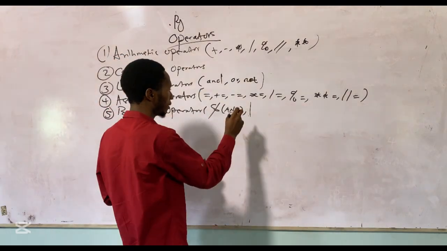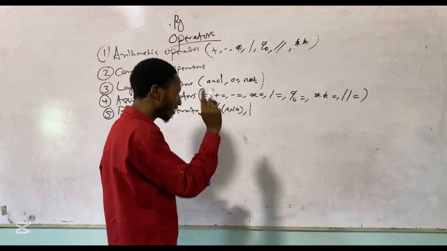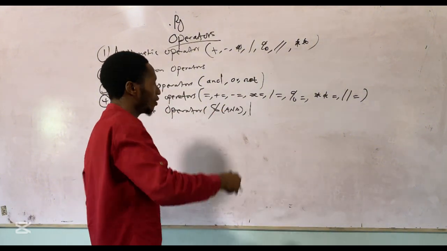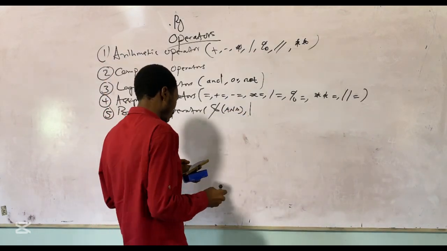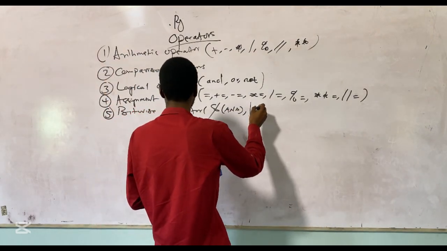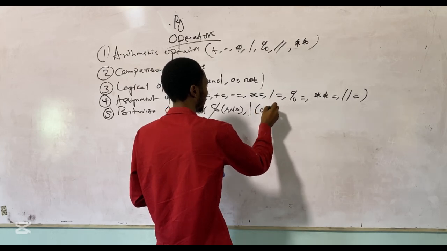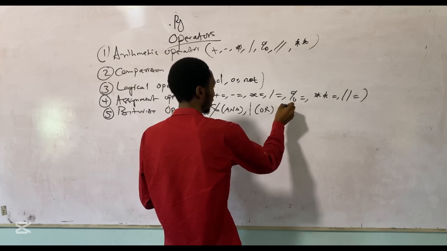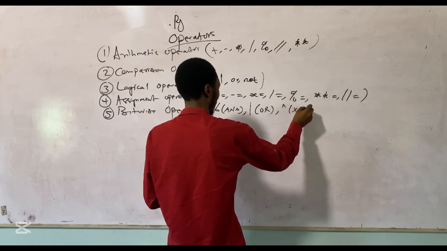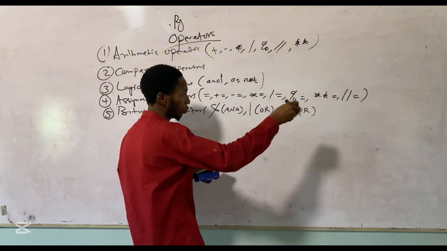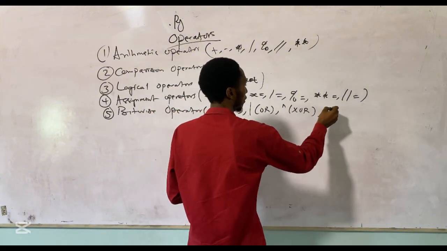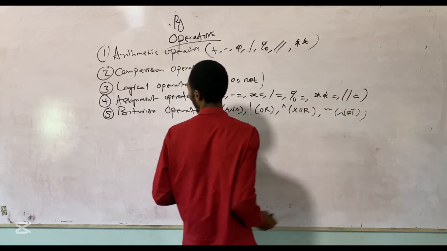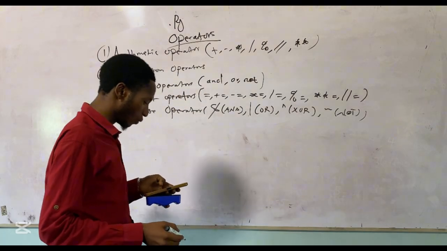Instead of forward slash and backward slash, this one is a straight line. This refers to OR. Then we have the XOR, which is this, and then the NOT, something like this. This is what we call bitwise operators.